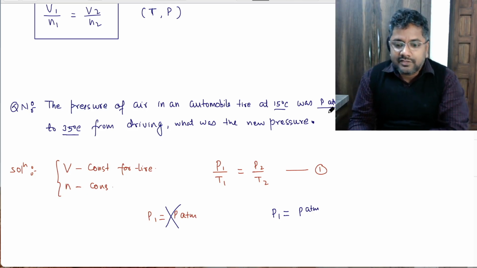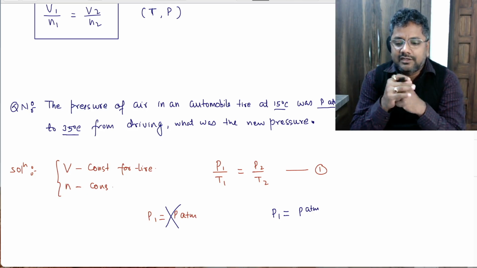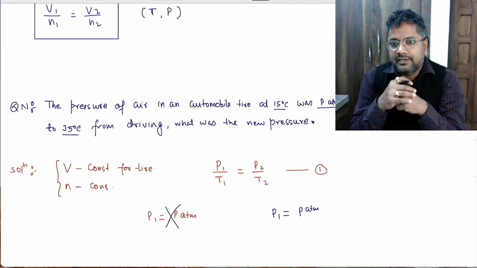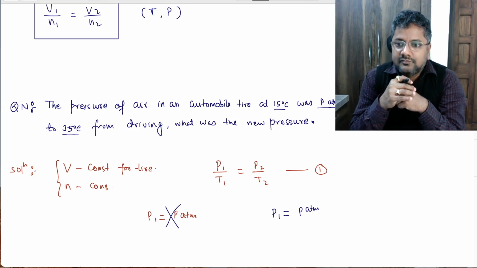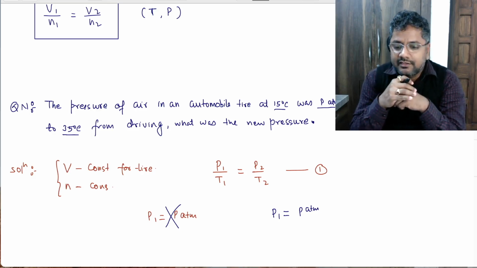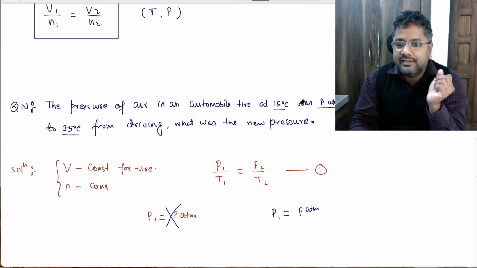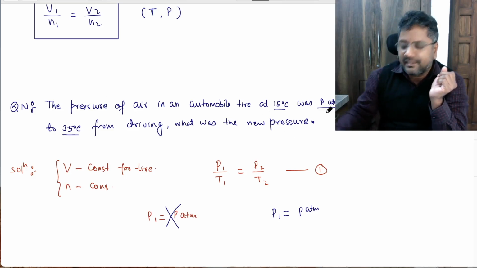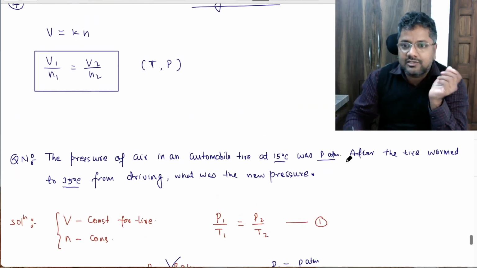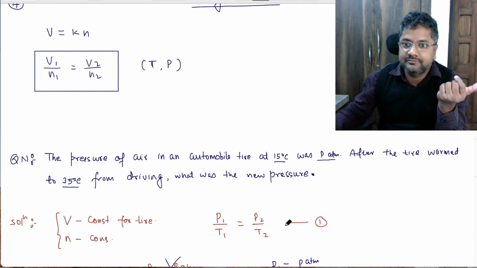So is this a gauge pressure, or is this an absolute pressure? This is the point. So if this type of question is given, then you always have to consider that whatever pressure is given is a gauge pressure, right? And in this formula you have to use the absolute pressure, right?